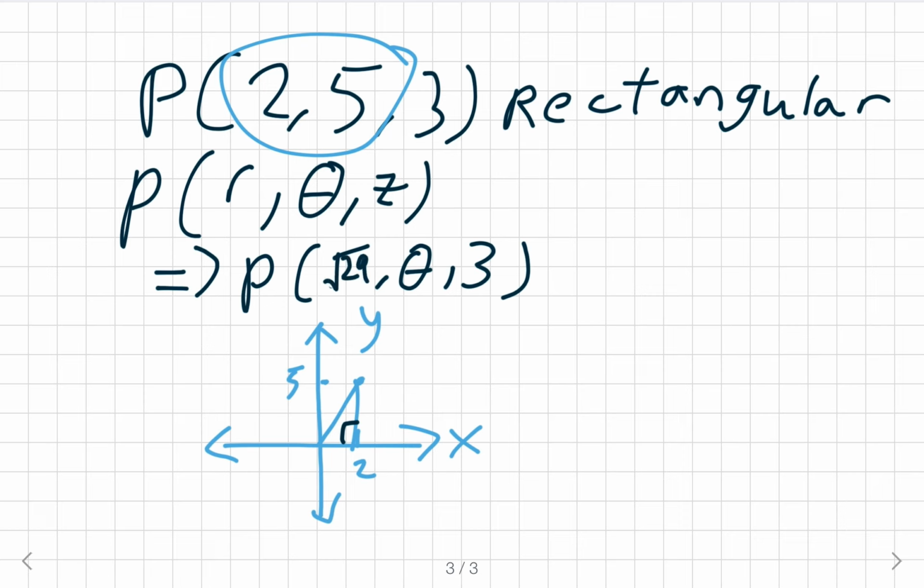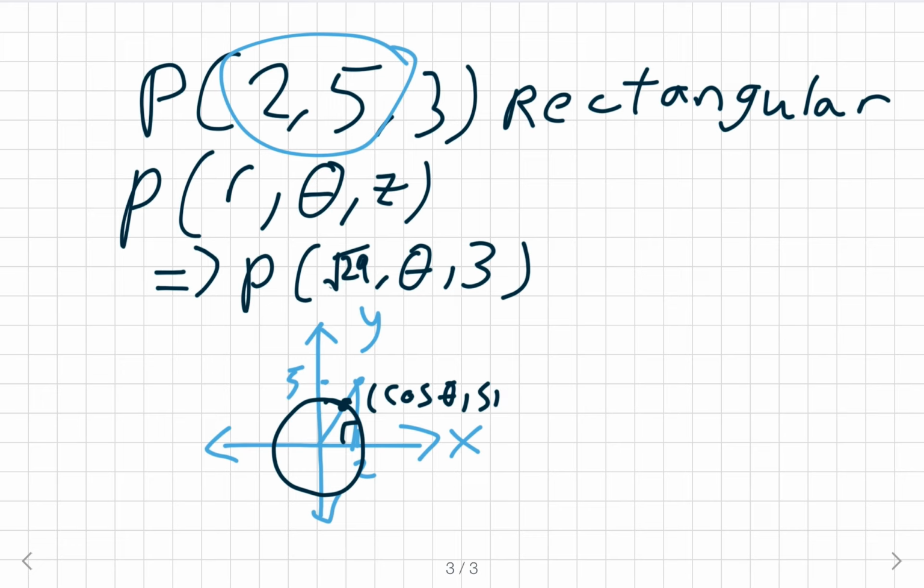So what's theta? Well, if you can recall from the unit circle, the coordinates of any point on the unit circle would be cosine theta, sine theta.